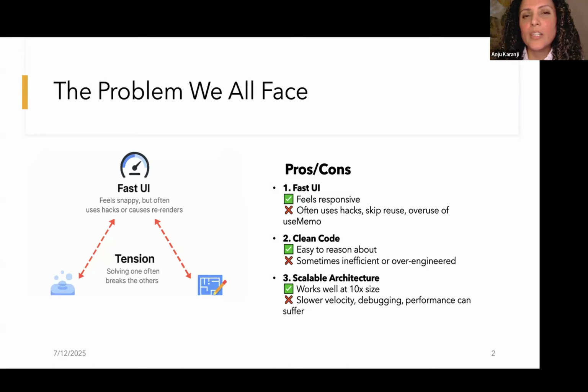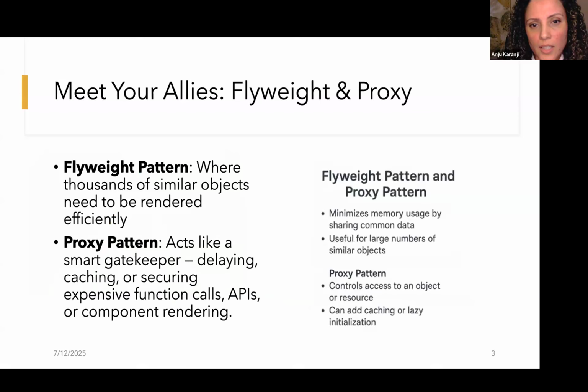So we call it the triangle of doom, because we try to balance all these three needs when building our front-end apps. When you want to prioritize performance, two of the patterns that really make a difference are the Flyweight pattern and the Proxy pattern.